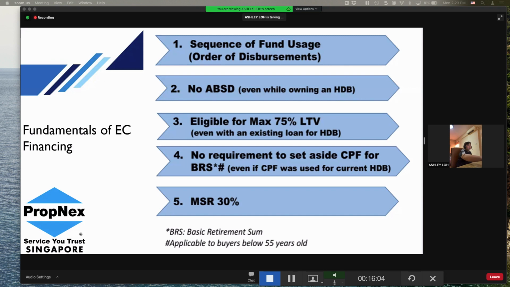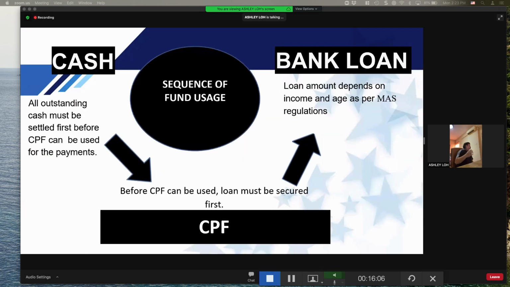Okay, moving on. So order of disbursements. Basically, in a very simple nutshell, for cash, all outstanding cash has to be settled first before CPF can be used for the payment. Because MAS has this ruling that the moment you touch $1 in your CPF, you have to account for everything. And when I say account for everything, I mean your loan must be settled by then.